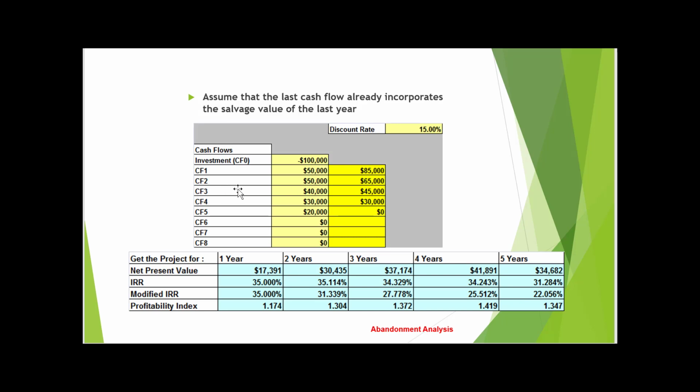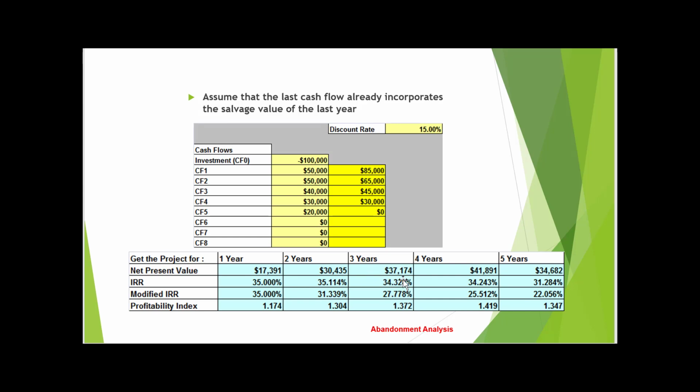If you did 2 years, I'm just going to do 2 years here. You spent $100,000. You got $50,000 in year 1. In year 2, you gathered a total of $115,000: $50,000 from business, $65,000 from the conclusion of the project. Now, net present value went up to $30,000.